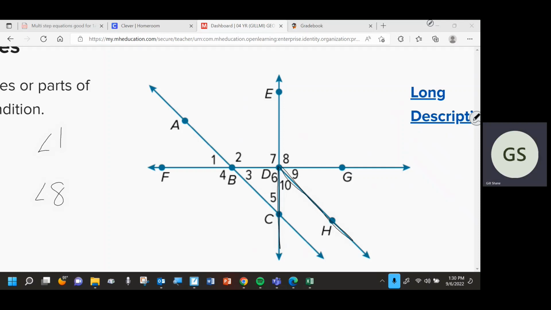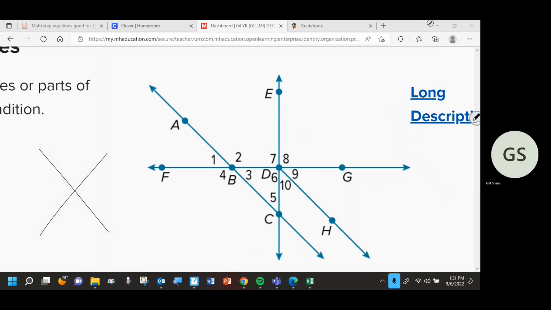I'm not going to spend more time on naming it because we'll go over that as we do other stuff. We do need to talk about some very important definitions. One of those being this. When 2 lines cross, so if they form an X, and they have to be dead straight, like this line is a straight line, this line is a straight line.